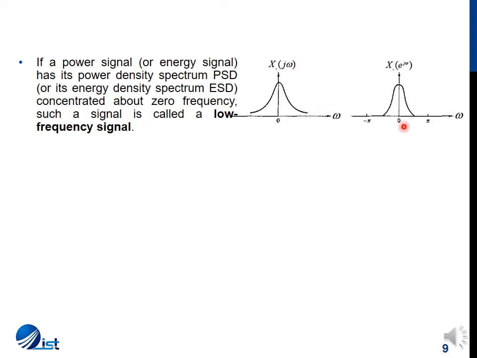Shown on the right is the discrete time case, and again π represents higher frequencies and 0 represents the lower frequencies.